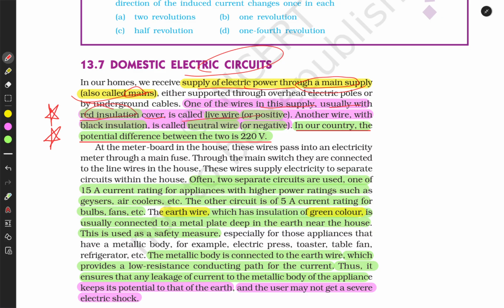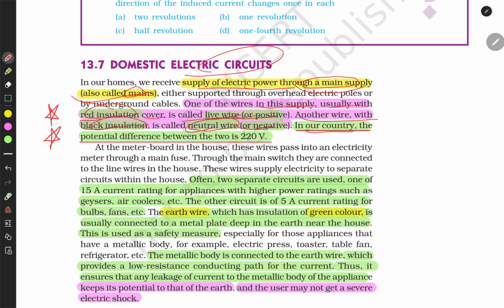They are bad conductors because they have a high resistance. The live wire, which brings current into our homes, is red. Another wire with black insulation is called the neutral wire. This does not have electricity.